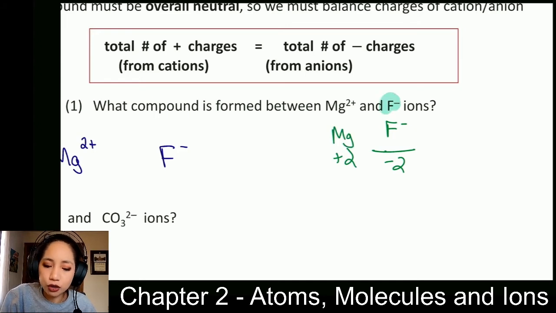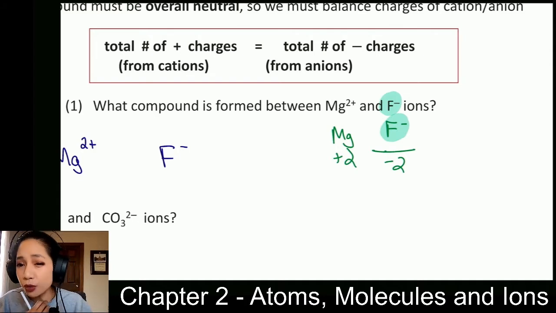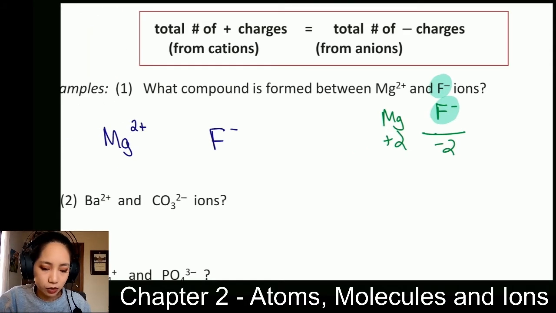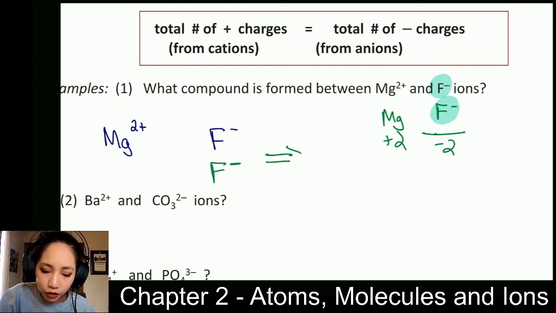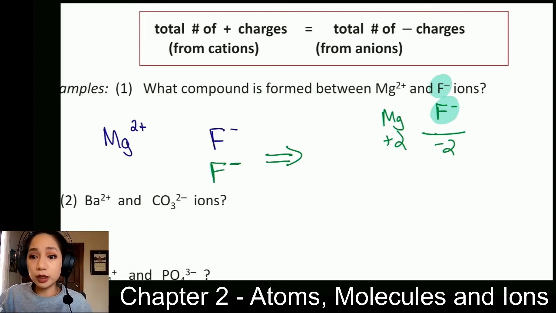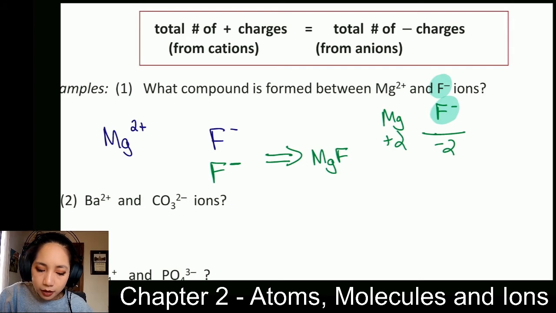So if we have two fluorides, an overall 2 negative charge and a 2 positive charge, that will make it neutral. The formula unit for this ionic compound will be magnesium fluoride, MgF2.